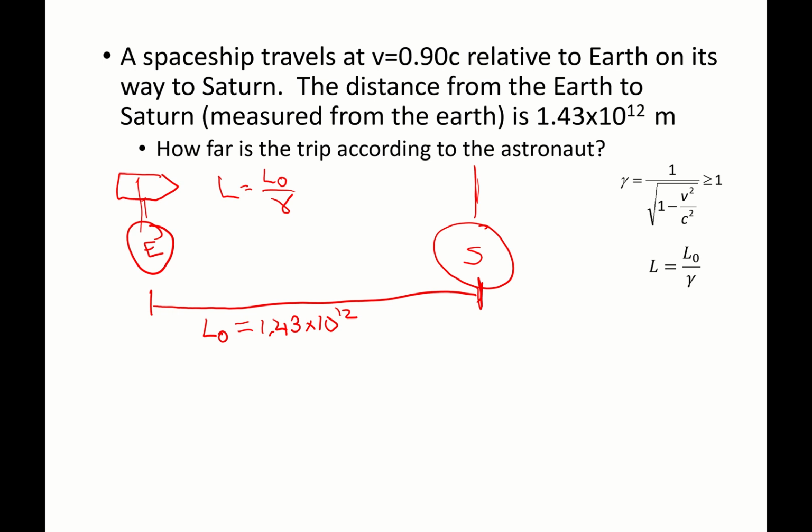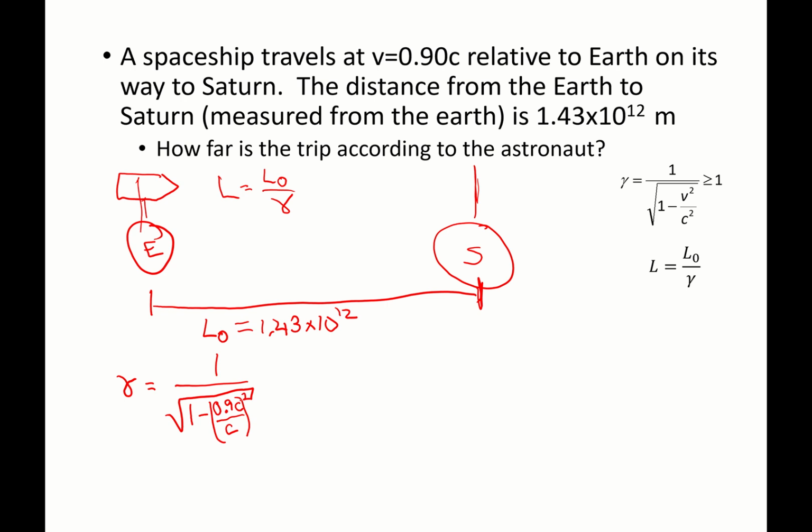So the first thing you should always do when you're doing these kinds of problems is to calculate gamma. So gamma is 1 over the square root of 1 minus v squared over c squared. So v is 0.9 c, and I need to square that. So v over c squared.